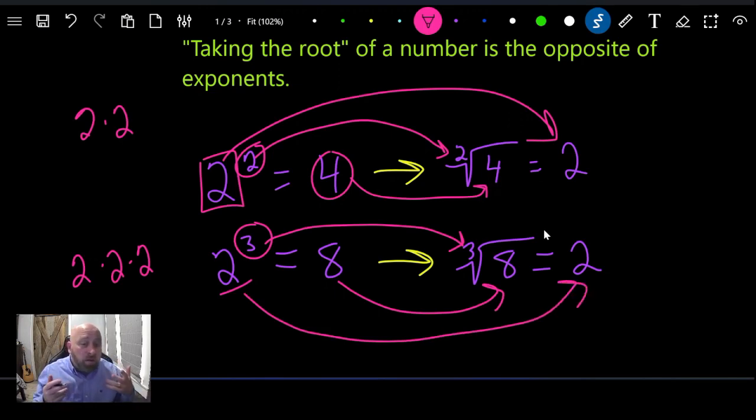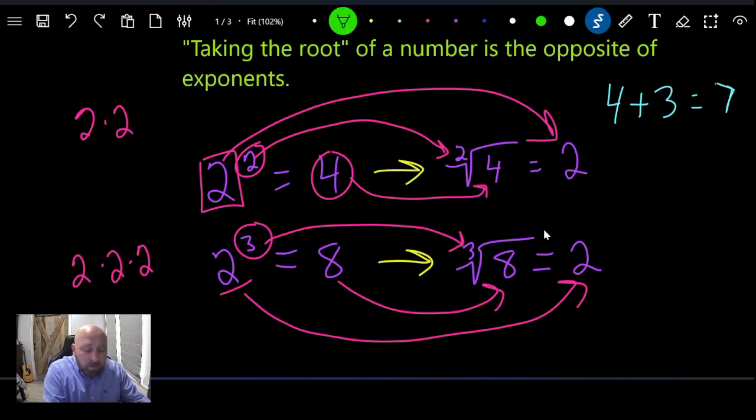So it is the opposite of. I could show you this with addition. 4 plus 3 equals 7. If I switch things around and switch the sign to the opposite, everything still works out. 7 minus 3 equals 4. I took the answer and switched it here to the minuend.